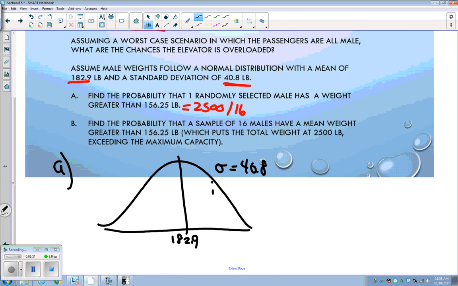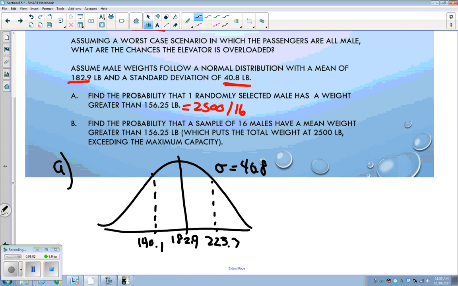So if I wanted one standard deviation this way, I would end up with 223.7. And one standard deviation this way would be 140.1. I like to put those values so I just know where I am on my curve.